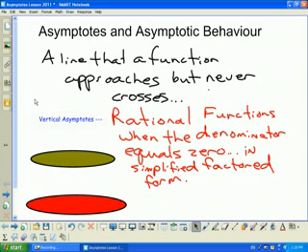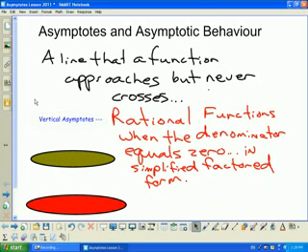Because if the denominator equals 0 and the numerator equals 0, we will be able to divide those polynomials, those expressions out. Okay? So it's vertical asymptotes for rational functions. Okay? At least in the restriction that we're doing.